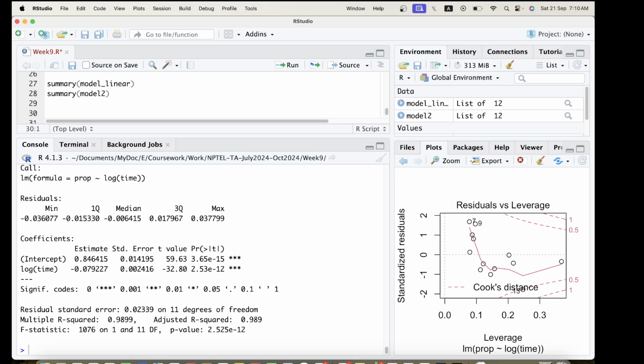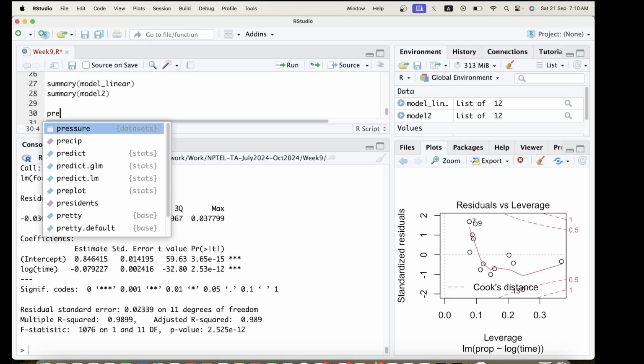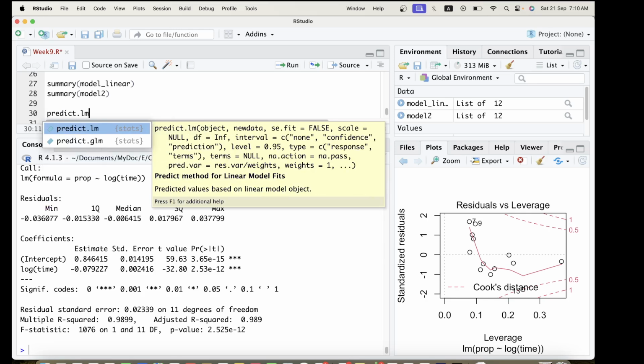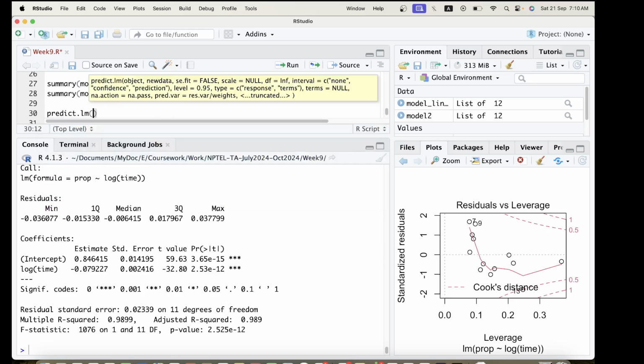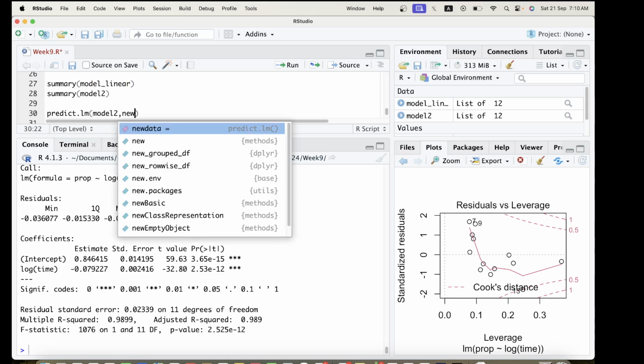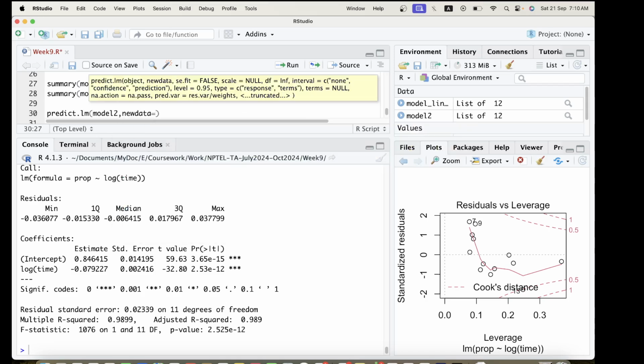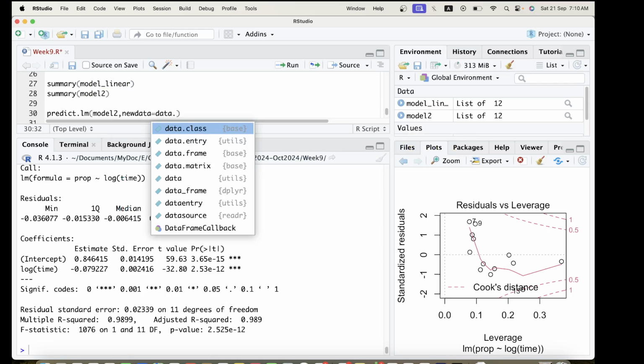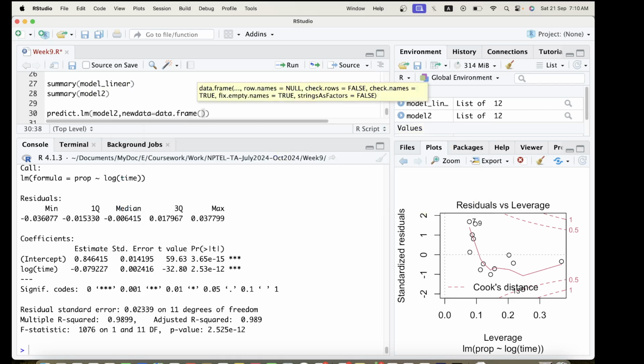We can write here predict.lm of model 2, newdata equal to data.frame(time = 1000).